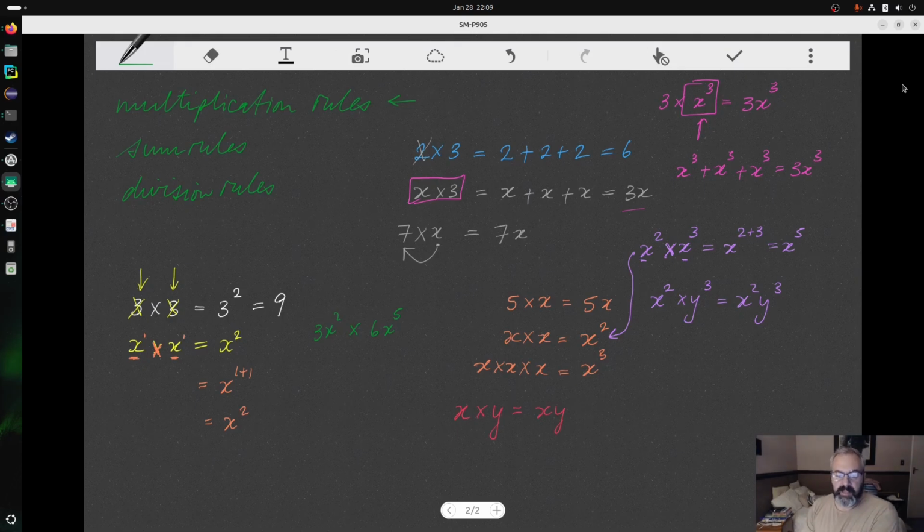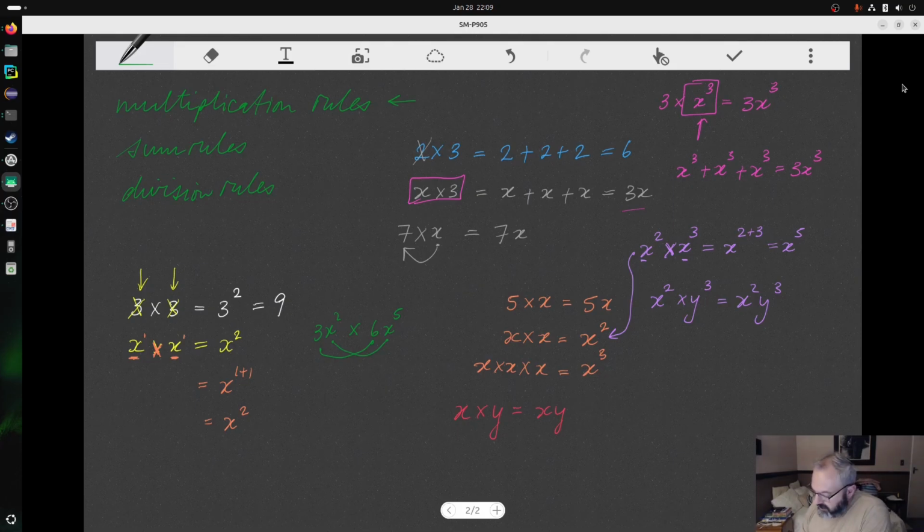All right, now this rule is relatively easy. When I multiply algebraic terms with each other, I simply multiply the numbers and I multiply the letters.